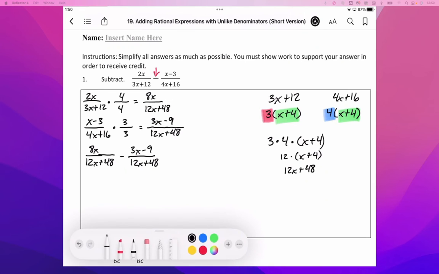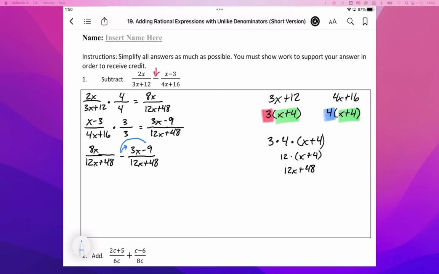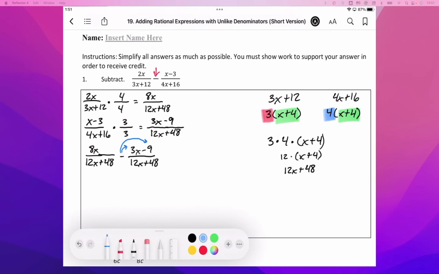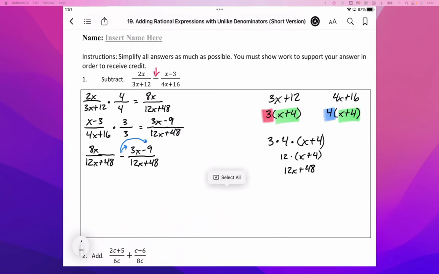And then we need to take that negative sign and distribute it to both parts of our numerator. So we will have 8x over 12x plus 48 plus a negative 3x plus 9 over 12x plus 48.